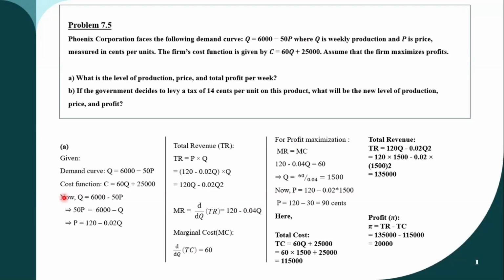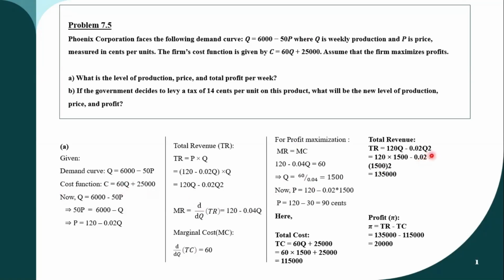If we add all the values, then we find the value of TC, which is 115,000.